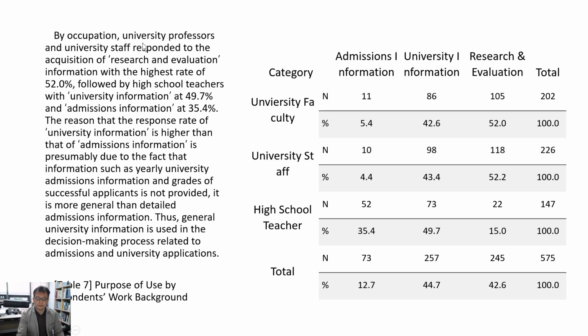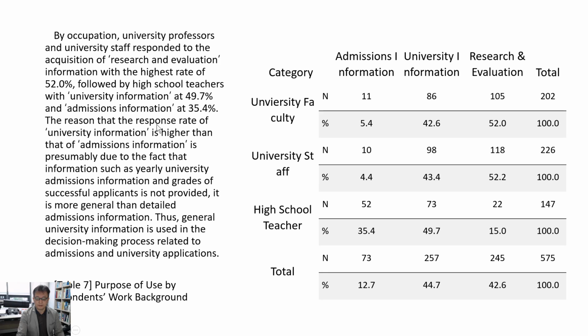By occupation, university professors and university staff responded to the acquisition of research and evaluation information with the highest rate of 52.0%, followed by high school teachers with university information at 49.7% and admissions information at 35.4%.